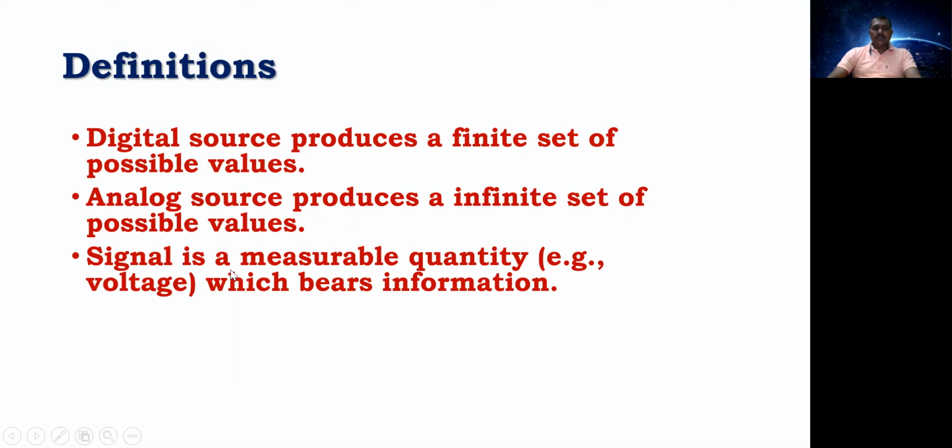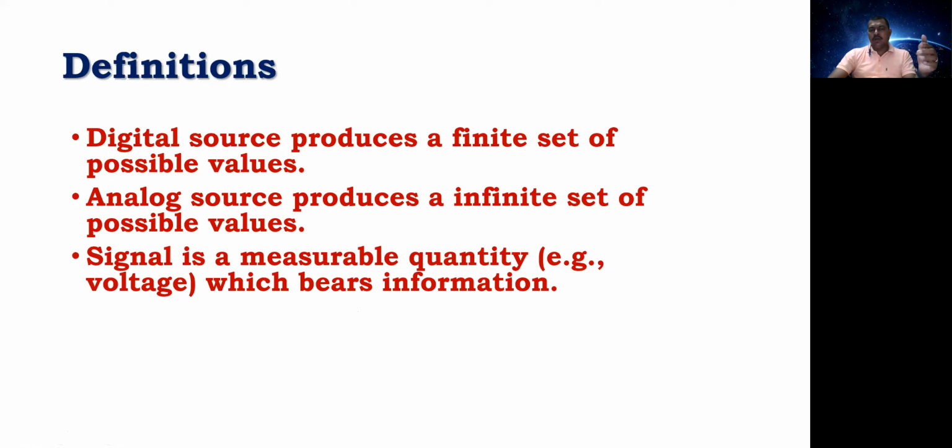Now, the signal is a measurable quantity, for example voltage, which bears information. Right? The analog signal contains a voltage which is changing with respect to time. Similarly, a digital signal also contains voltage. So it contains zeros and ones, where zero is the ground and one is the positive high voltage. Right?